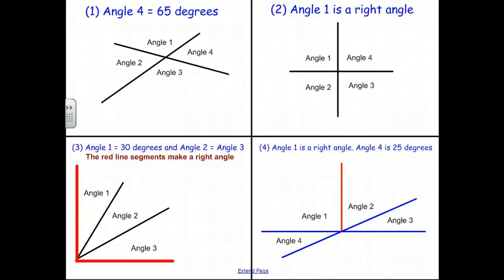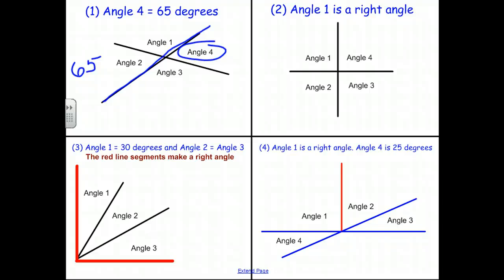So while this may seem like a lot of things to work on, it's actually not that many. We can do them all in terms of what we have learned before. So we know if angle 4 is equal to 65 degrees in number 1, that angle 2 must also be equal to 65 degrees. And finally, what we can see is that angle 1 and 2 form a supplementary pair.